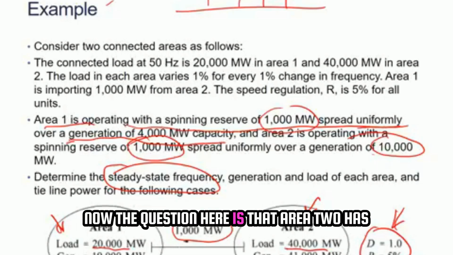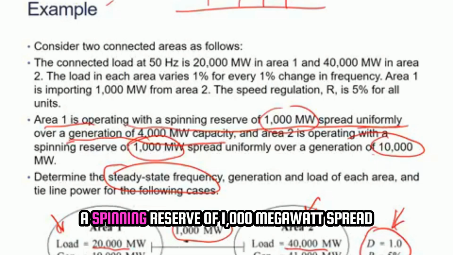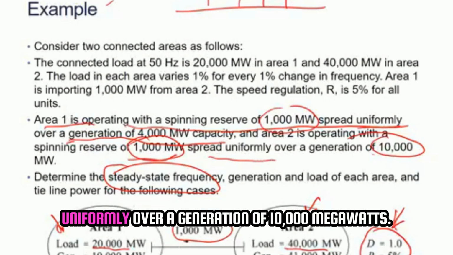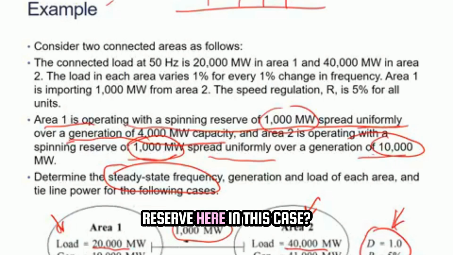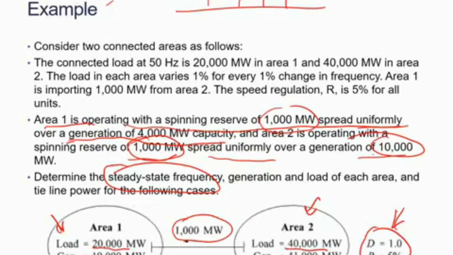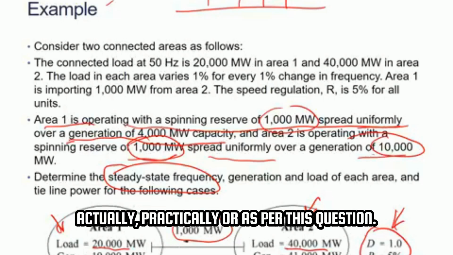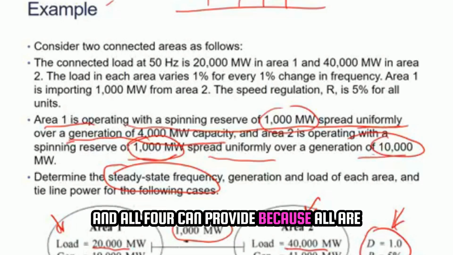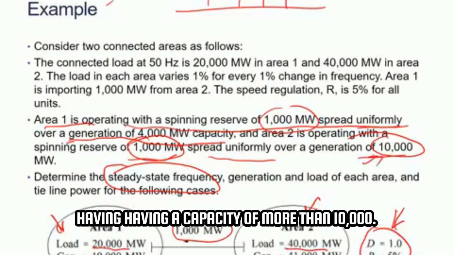Now the question here is that area 2 has a spinning reserve of 1000 megawatt spread uniformly over a generation of 10,000 megawatt. So which generator will provide reserve here in this case? The fourth one. Actually, as per this question, all four can provide, because all are having a capacity of more than 10,000.